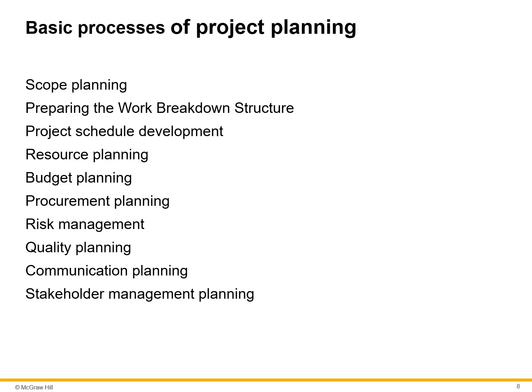Some basic processes of project planning include scope planning, preparing the work breakdown structure, WBS, schedule development, resource planning, budget planning, procurement planning, risk management, quality planning, communication planning, as well as stakeholder management planning.